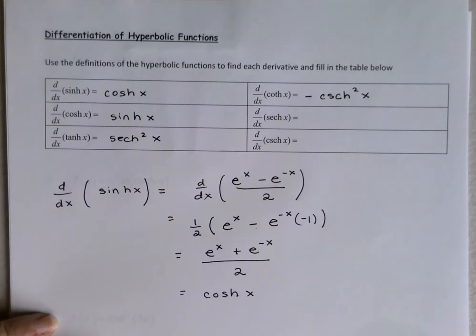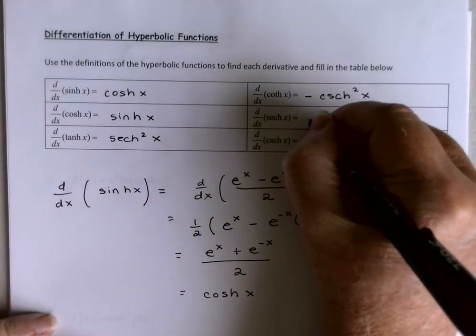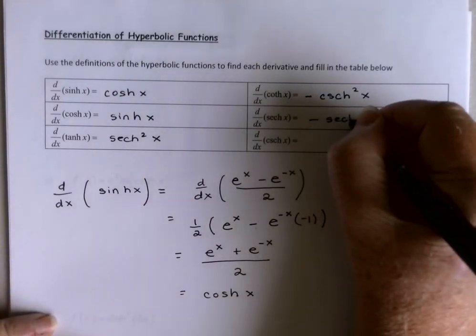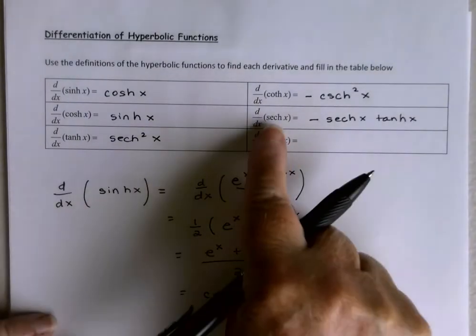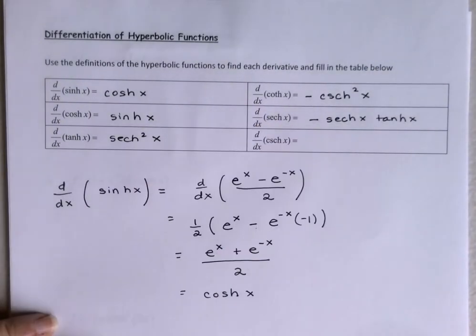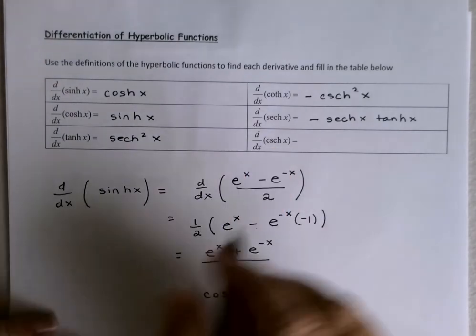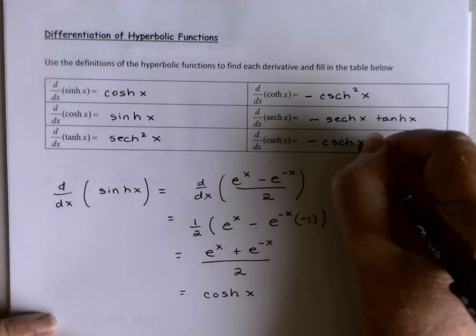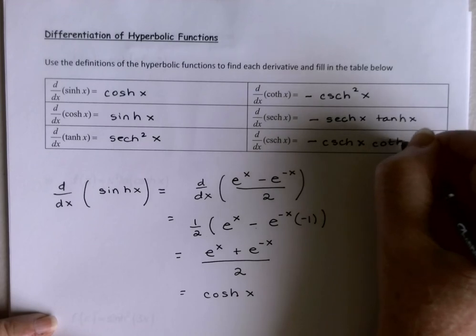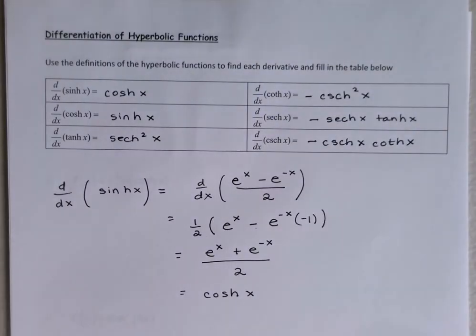Derivative of sech x turns out to be negative hyperbolic secant x, hyperbolic tangent x. Again, similar to the trig version other than the negative sign. And then finally for the hyperbolic cosecant, we end up getting negative hyperbolic cosecant x, hyperbolic cotangent x. So other than being a little careful with your positives and negatives, which are slightly different, the hyperbolic derivatives are very similar to the trig derivatives.